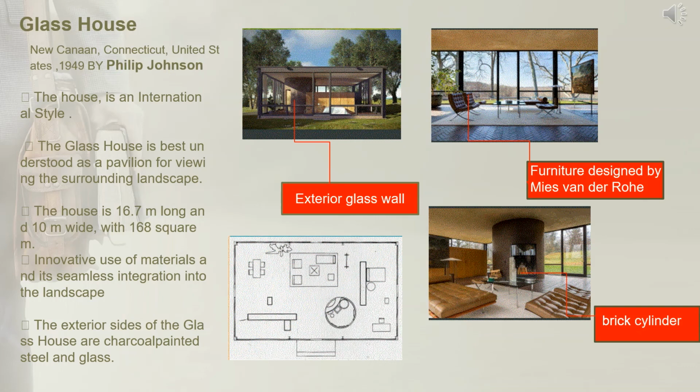The house uses innovative materials which allow integration into the landscape. The interior of the Glass House uses steel and glass, with furniture designed by Mies van der Rohe. The interior uses a brick cylinder which contains a bathroom. As Philip Johnson said, it is the only house in the world where you can see sunset and moonrise at the same time standing in the same place.